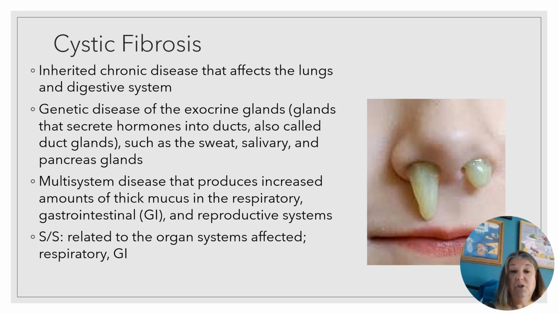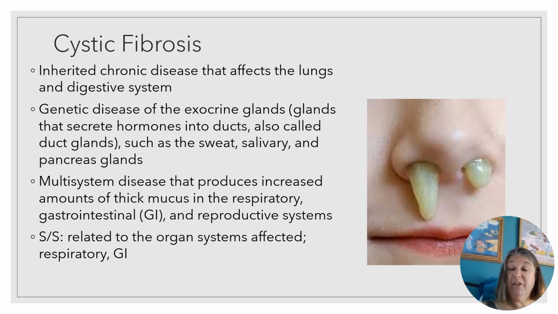All right. So cystic fibrosis is related to the CFTR gene. It needs to be carried by both parents. What cystic fibrosis does, well, one of the things it does is you end up producing this thick, crazy mucus.